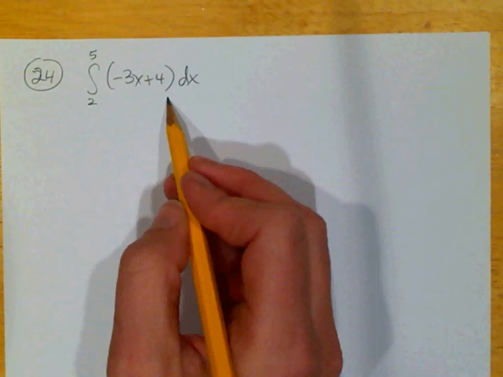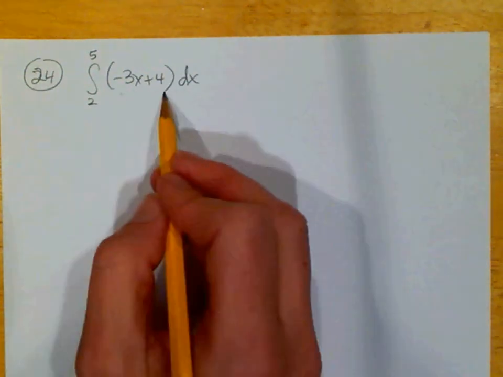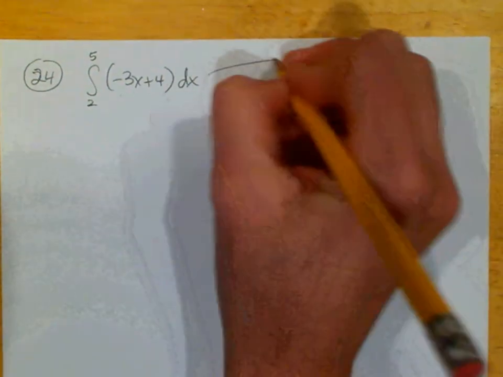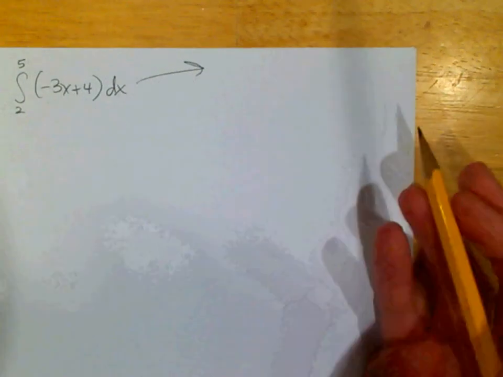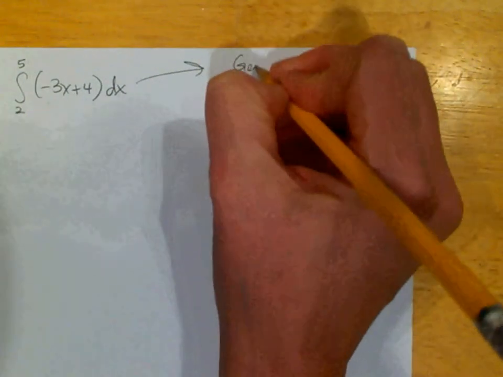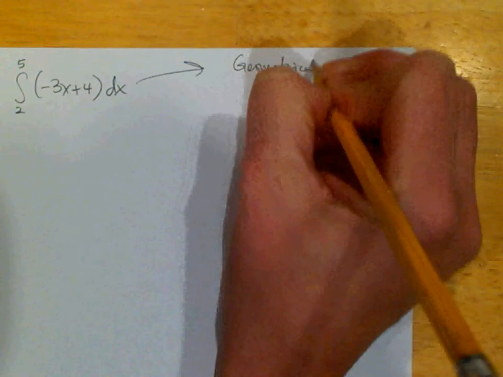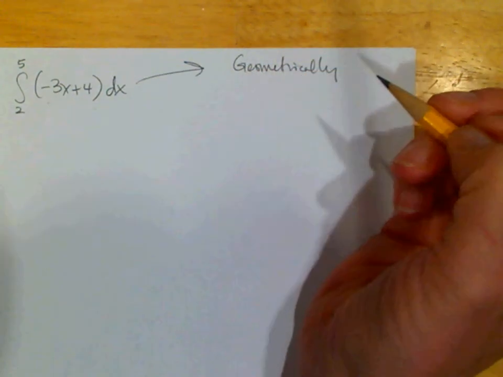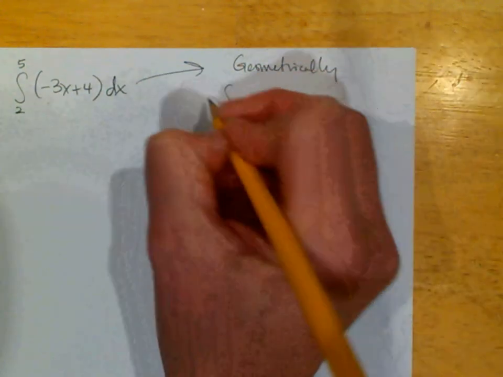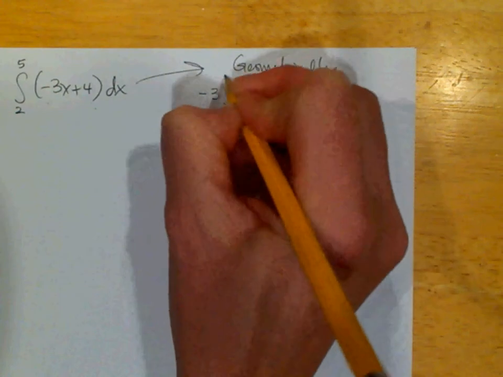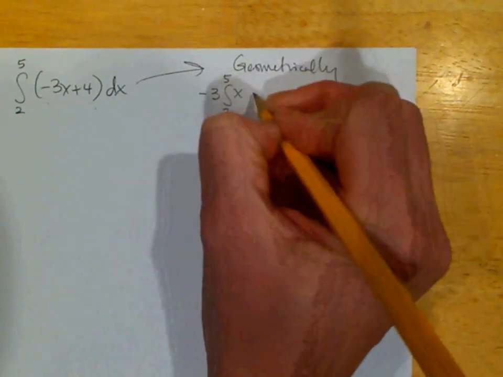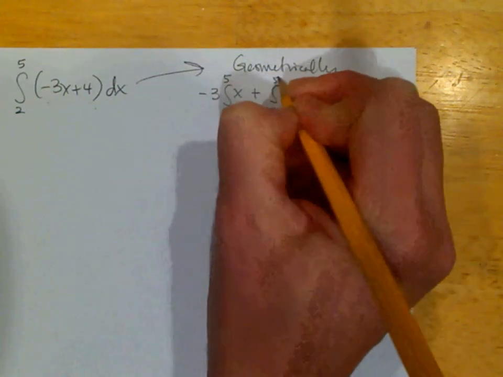Remember our rules? This is an easy one that I might just break down. So off to the side, I'm just going to show you, so we have an answer to build from. Geometrically, using our rules from 8.5, I would say that's the integral from 2 to 5 of negative 3 times x, plus the integral from 2 to 5 of 4.